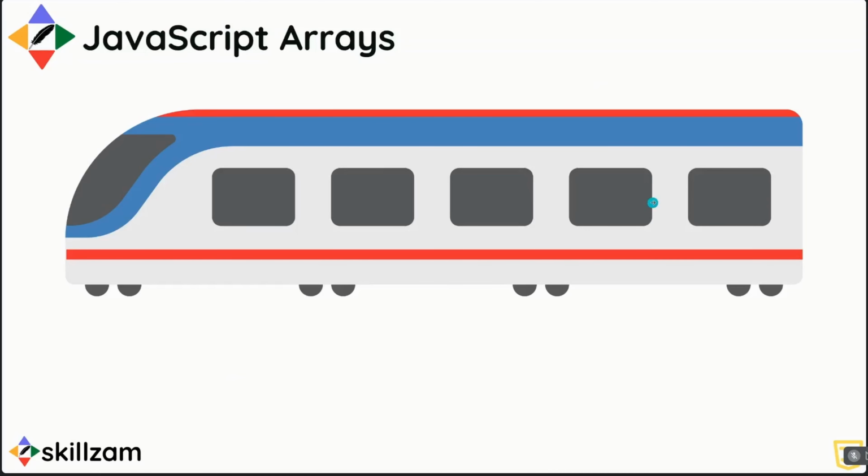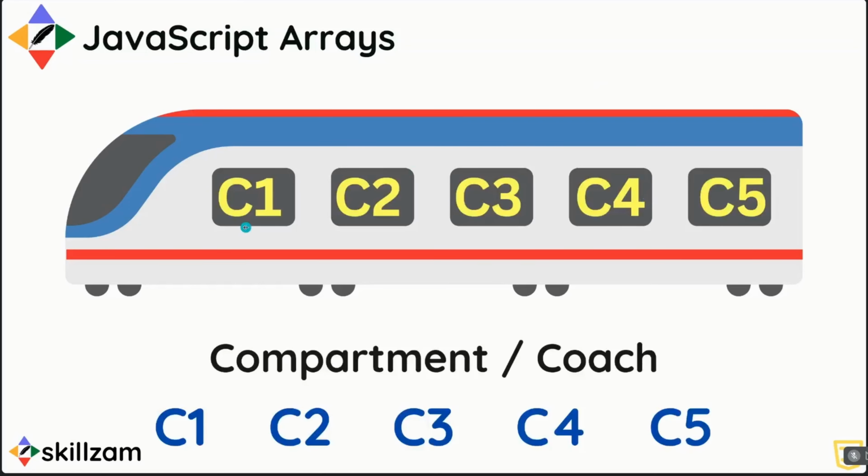Totally there are 5 coaches in the train. Each compartment might contain a number of seats or berths. Let's say I want to store a variable which can store the compartment names: C1, C2, C3, C4, C5. These are the coaches that I have in a particular train.